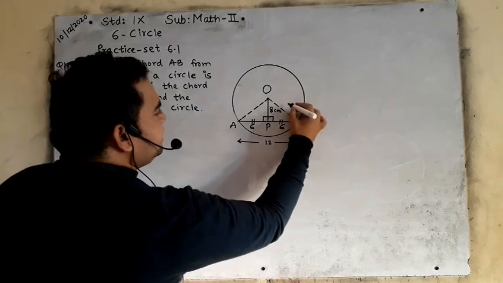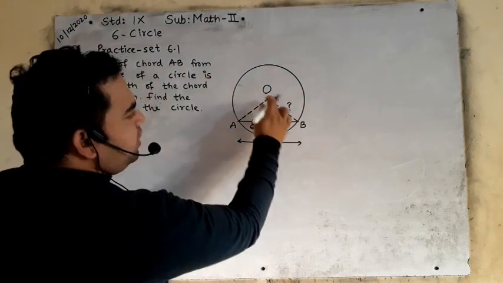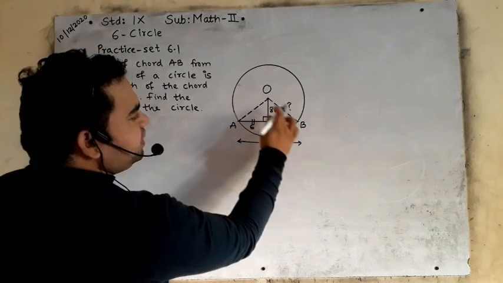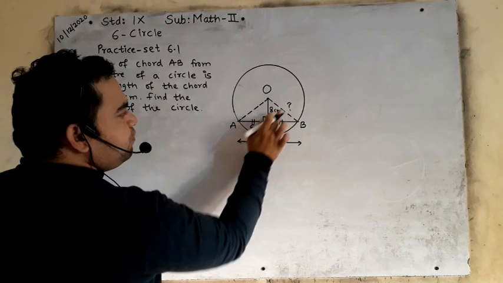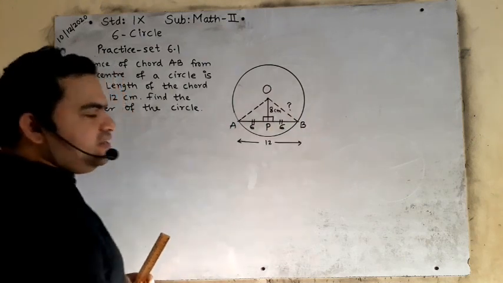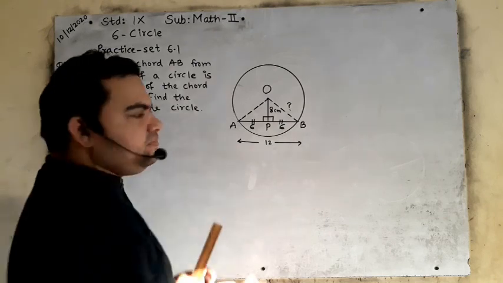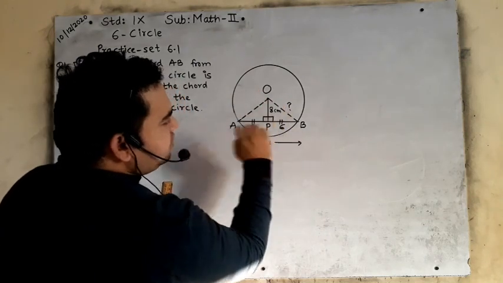So can we find OB, the radius of the circle, or hypotenuse? OB is the hypotenuse because angle P is 90 degrees and the side opposite 90 degrees is the hypotenuse. Can we find it by the Pythagoras theorem? Because this is a right angle triangle, we will utilize the Pythagoras theorem.